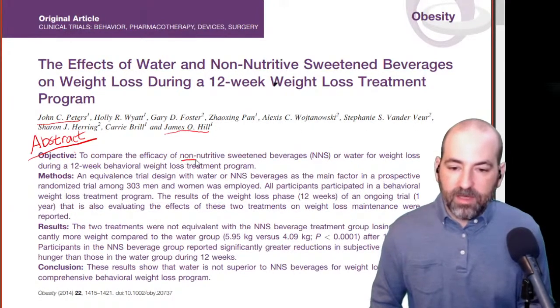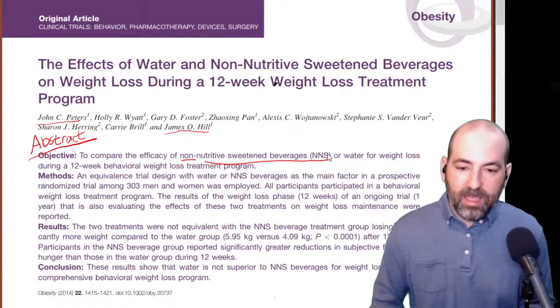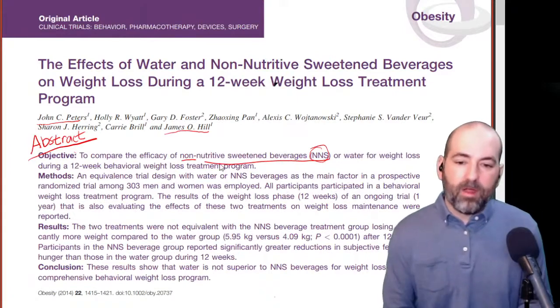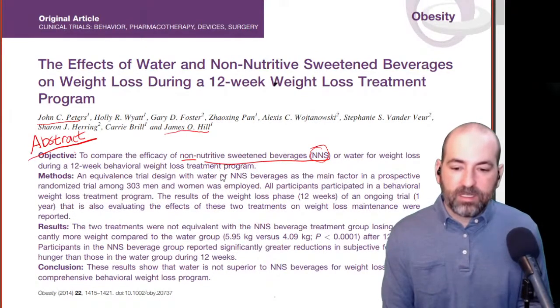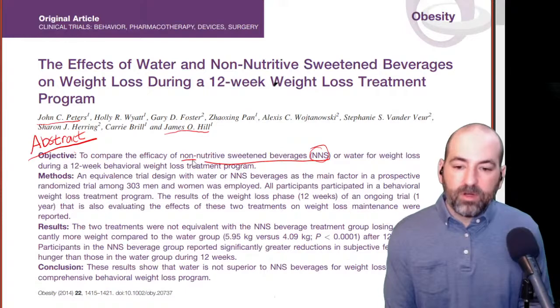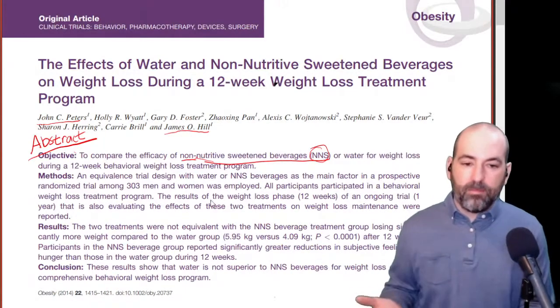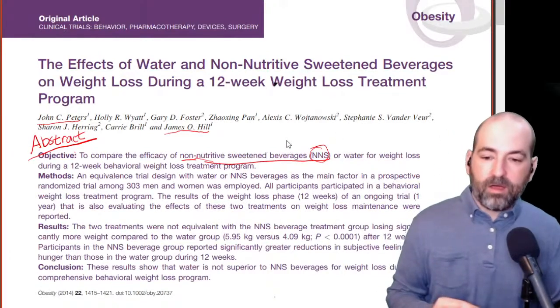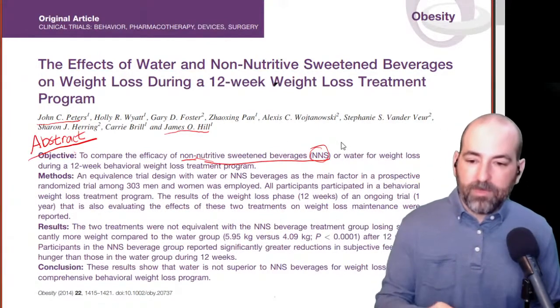It'll give us some definitions, so they use this NNS abbreviation throughout this particular paper, and there it is defined right at the first sentence of the abstract. So if we don't know what that is, non-nutritive sweetened beverages, that's something that we could then look up and try to figure out what it is that they're talking about as a non-nutritive sweetened beverage.